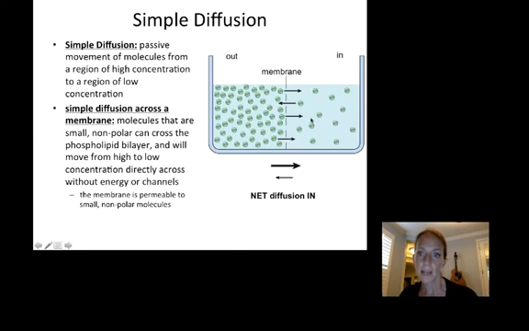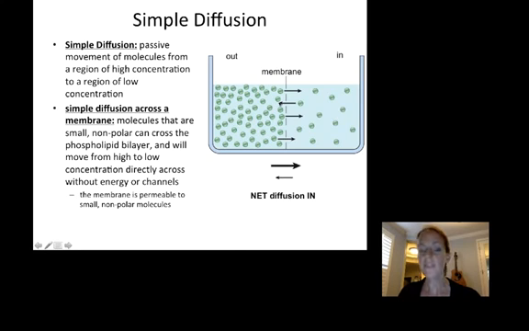Now this gets more complicated when we talk about across a membrane, because remember that not any molecule can cross the membrane. So only molecules that are small and nonpolar can get across the phospholipid bilayer.